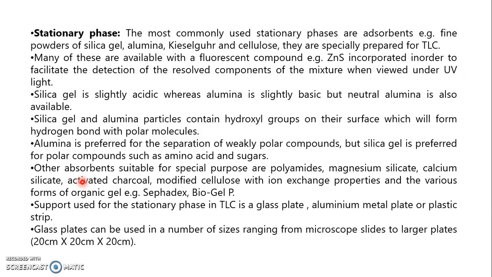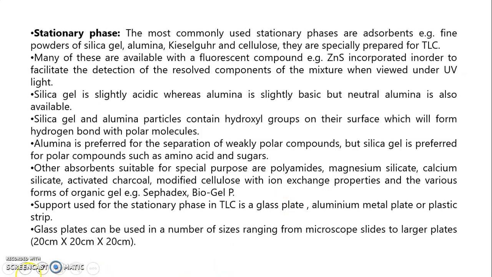There are certain other adsorbing materials such as polyamides, magnesium silicate, calcium silicate, activated charcoal, modified cellulose with ion exchange properties, and various forms of organic gels such as Sephadex, Biogel, etc. So we have a large number of adsorbing materials for thin layer chromatography, and the most common and cheapest one is silica gel, which is very easy to handle and apply.